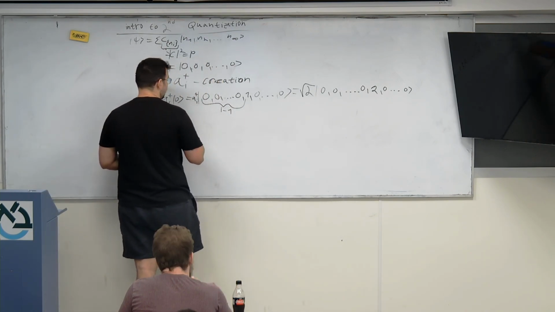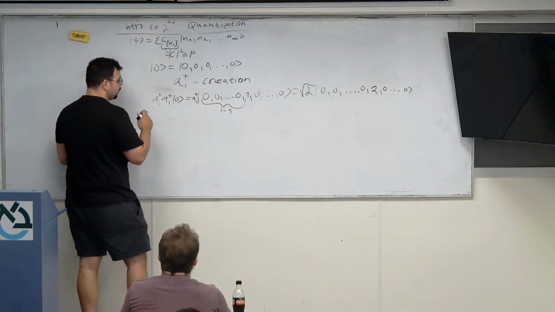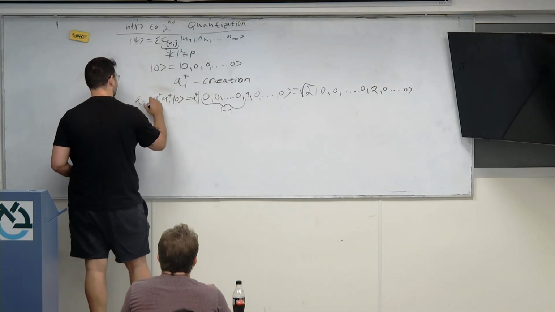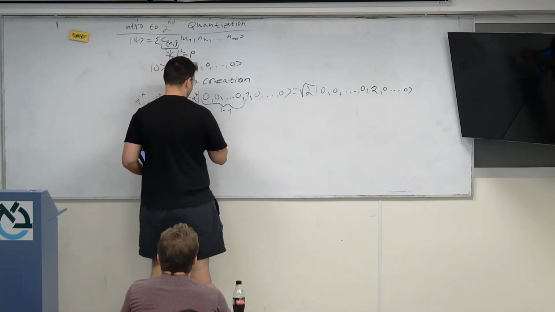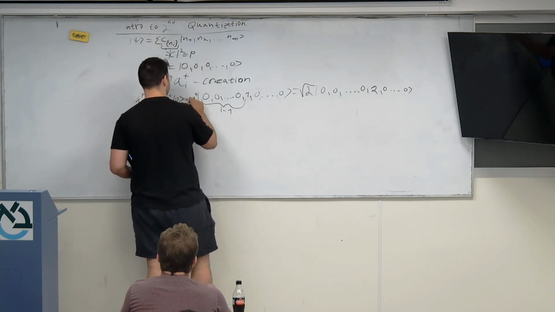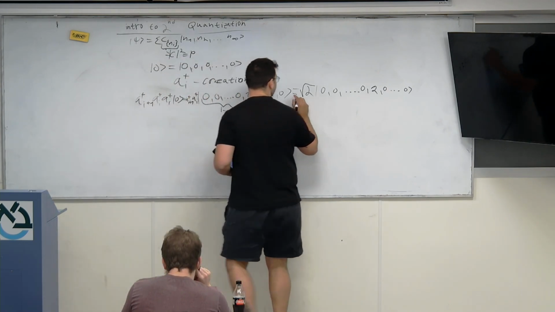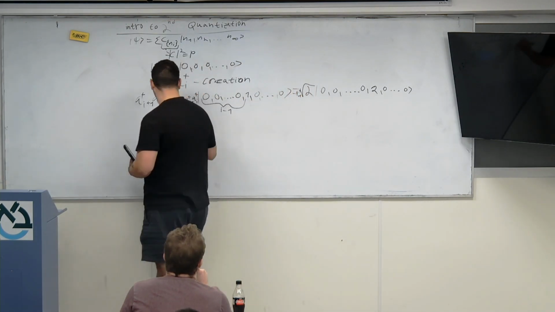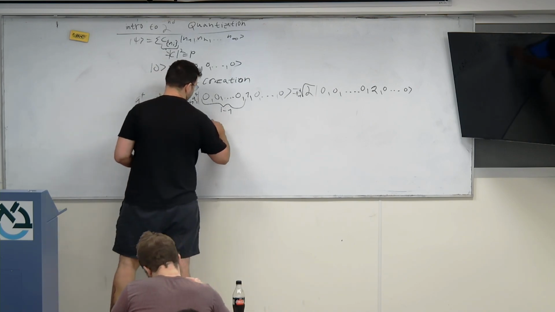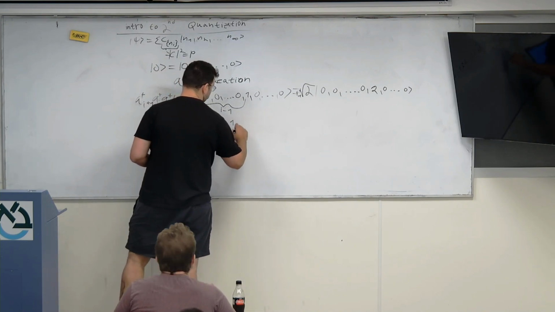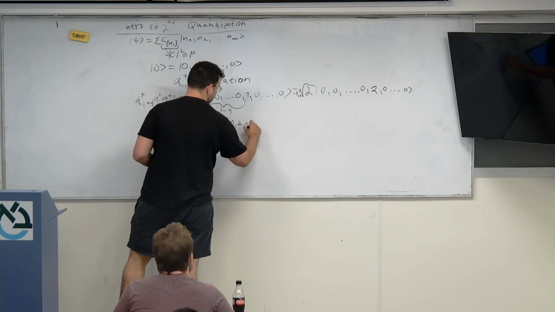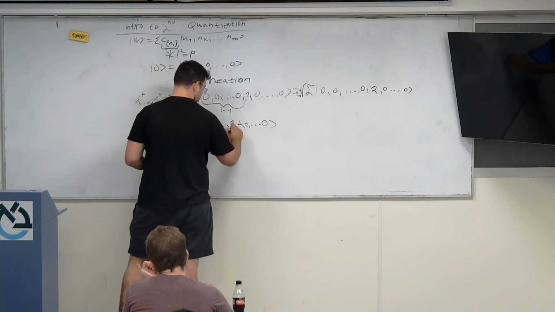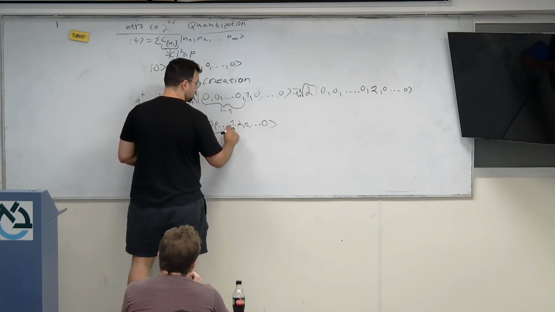Now, if I want to add a photon in a different position, let's say a_{i+1} dagger, did I say plus 1?